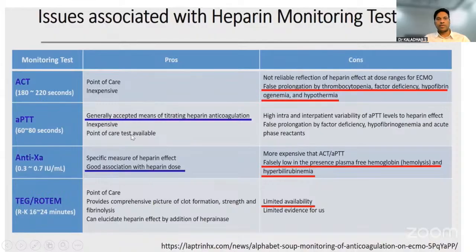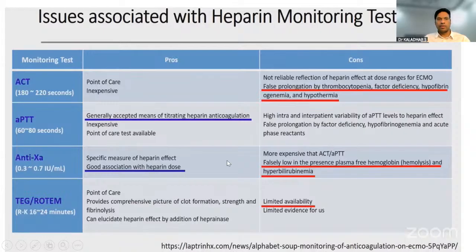It is also expensive, but most of the time we send it to the lab. There are point of care tests also available, but there will be intra- and interpatient variability, and there are limitations like false prolongation, the same thing as with ACT. Anti-factor 10A is a specific measure of heparin and has good association with heparin dose.